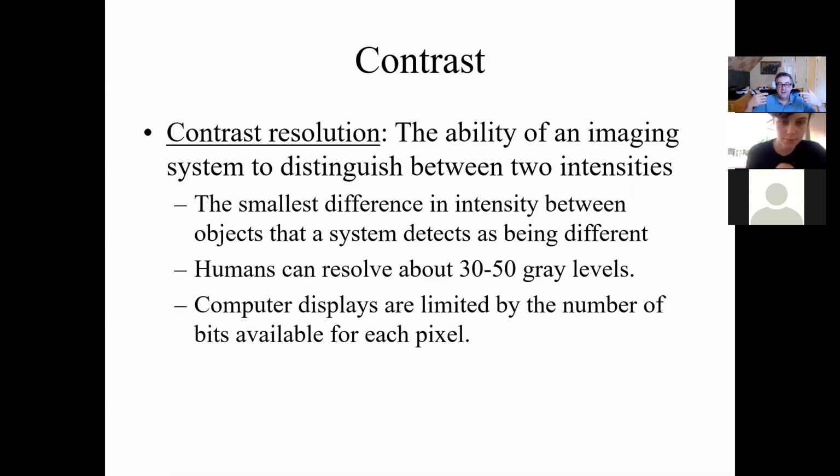So when a human is part of the system, a human introduces some bottlenecks and limitations into the whole thing. So that's interesting. But again, because we adapt so much, if you move from focusing on one part of the image to another, the 30 to 50 gray levels we can detect actually change.